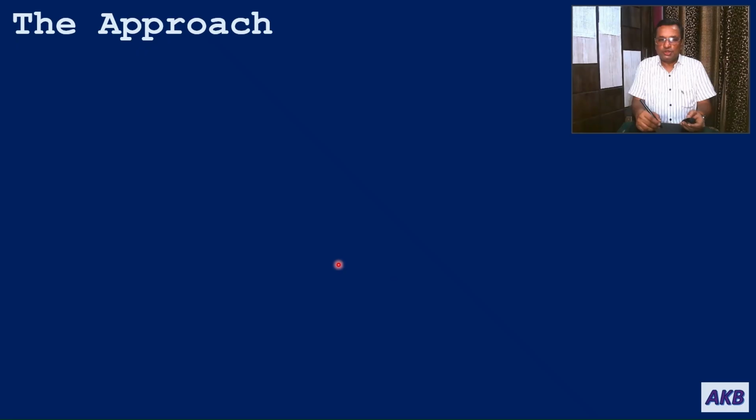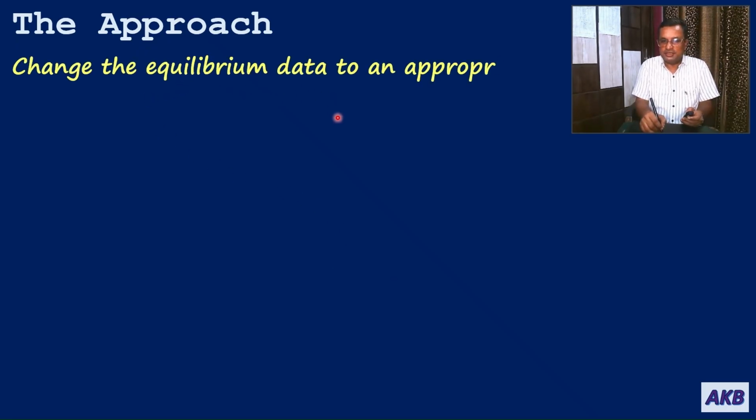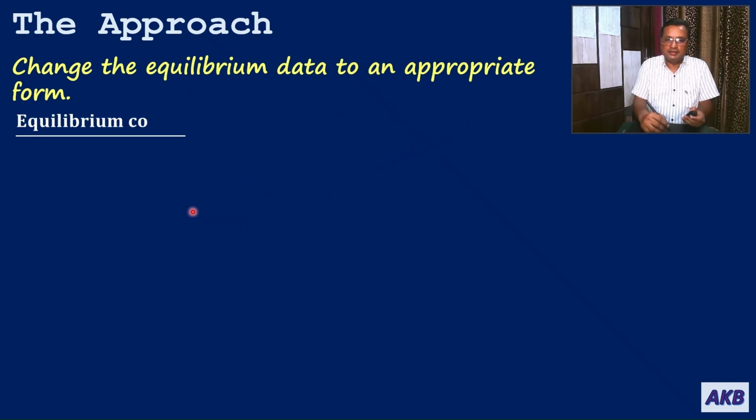What would be the approach for solving this? First, we will change the equilibrium data to an appropriate form. And then the equilibrium color per kg of solution is capital Y. It is directly given to us, so we will use it as it is.